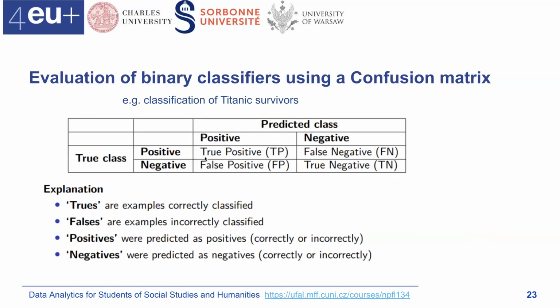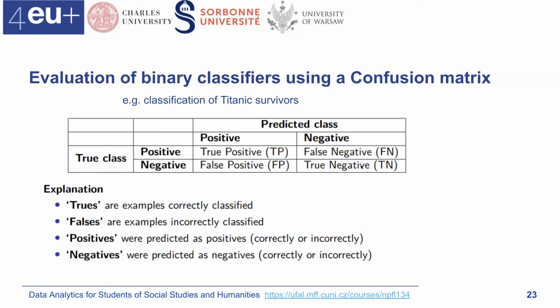But using true and false, we distinguish whether the classification was correct or incorrect. So here, true positives is the number of positive examples correctly classified by the classifier as positive. The same for negative examples. Here we read the number of true negative examples that are correctly classified as negative by the binary classifier.